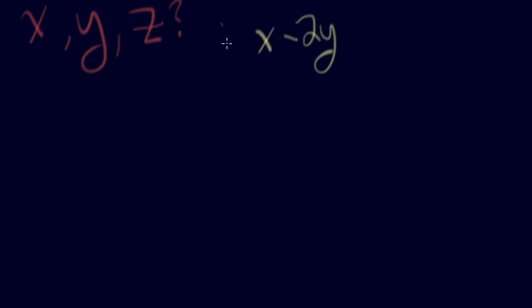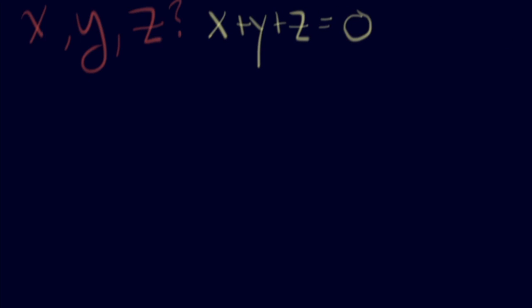And I'm going to actually change my first example. Let's do the first example so it looks like this. So we're going to have three equations with three variables. The first one's going to be x plus y plus z is equal to 0. And then the next one is going to be x minus 2y plus 2z is equal to 4.